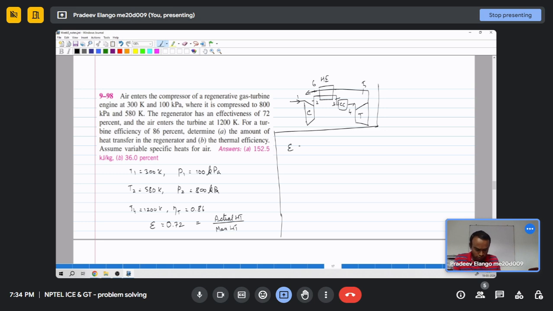So effectiveness can be written as actual heat transfer, H5 minus H6, but maximum is H5 minus H2. This can be written in terms of temperature: T5 minus T6 over T5 minus T2. So this ratio is 0.72.